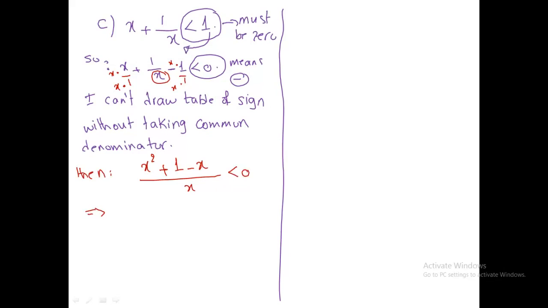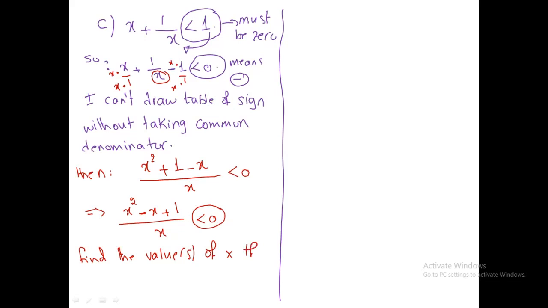I will arrange them, x squared minus x plus 1 over x less than 0. What do we mean by this? It means find the value or values of x that give me x squared minus x plus 1 over x negative.